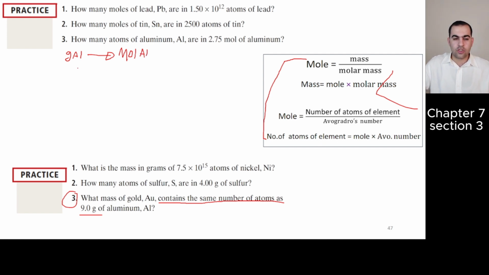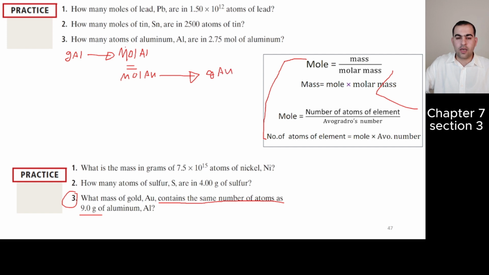So we change 9 gram of aluminium to mole of aluminium. Then mole of aluminium equals to what? Mole of gold. Then we change mole of gold to gram of gold.